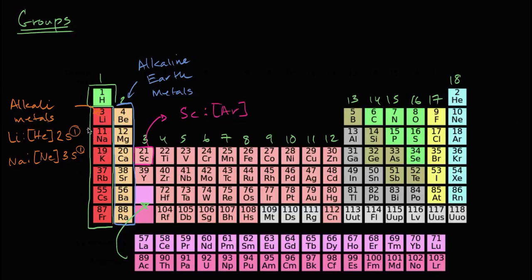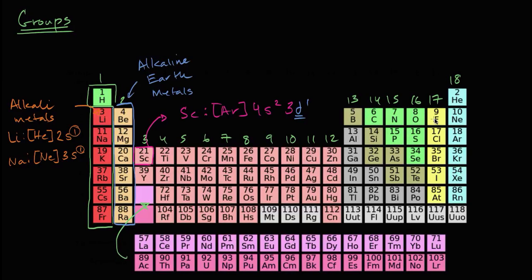And then you're going to fill, let's see, we're in the 4th period, so it's going to be 4s2. And then we start filling the D block. These are the D block elements here. And you have to remember, the D block you backfill. So in the D block, this is going to be now 3d1. Let me emphasize that: we're backfilling the D block. But their outermost electrons, they still have 2 of those outermost electrons.